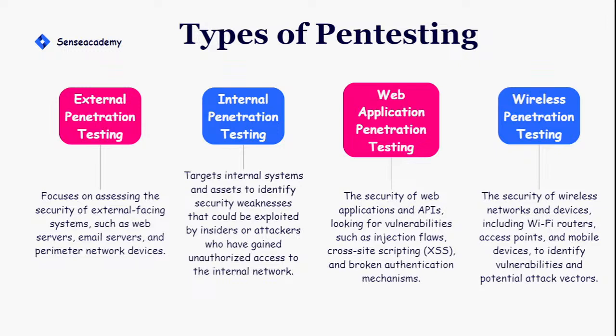Also, the flaws or weaknesses which could be detected in web applications are majorly cross-site scripting and broken authentication mechanisms. There could be different forms of cross-site scripting, that is reflected, DOM, and a lot more. Also there are client-side scripting and server-side scripting.